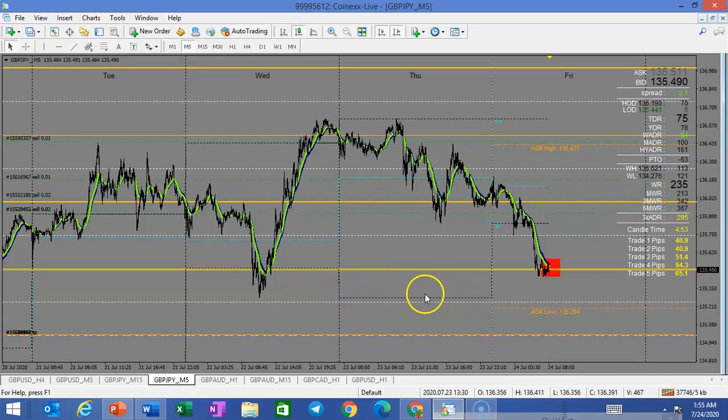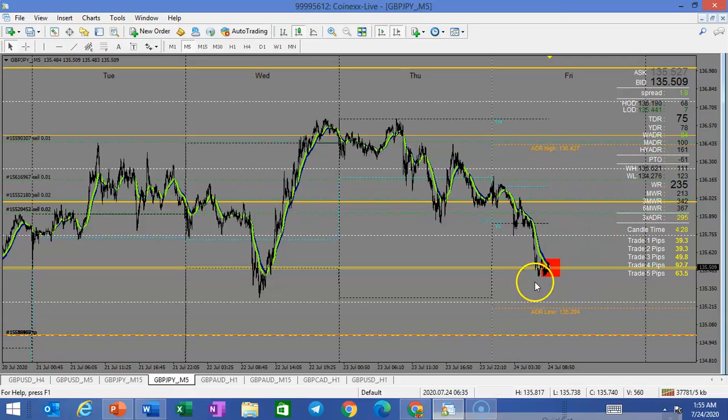So this is a zone where you want to be careful. However, once we break from this box, the area that we are looking to sell to is the 135.